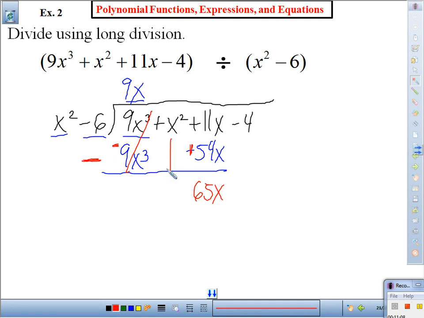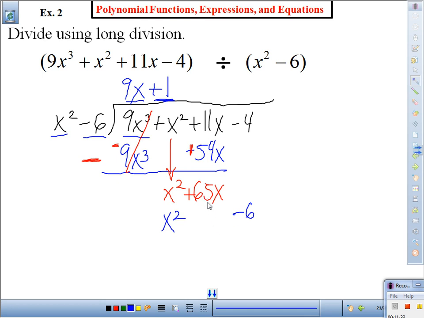Bring the next term. X squared, and this is a positive 65. All right. What number times x squared gives me x squared? 1. So therefore, x squared, 1 times negative 6, that's negative 6.